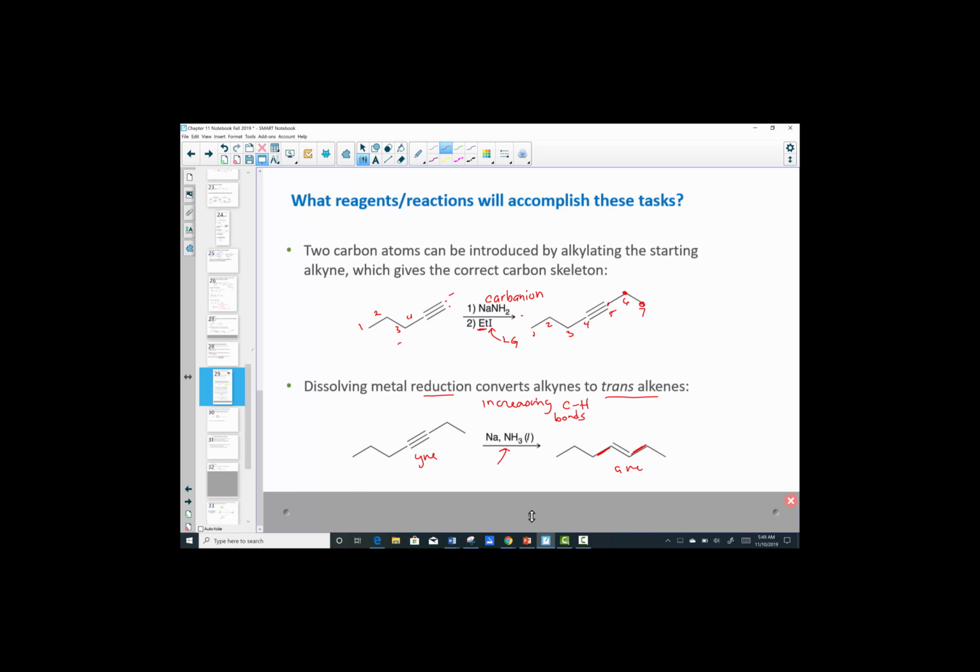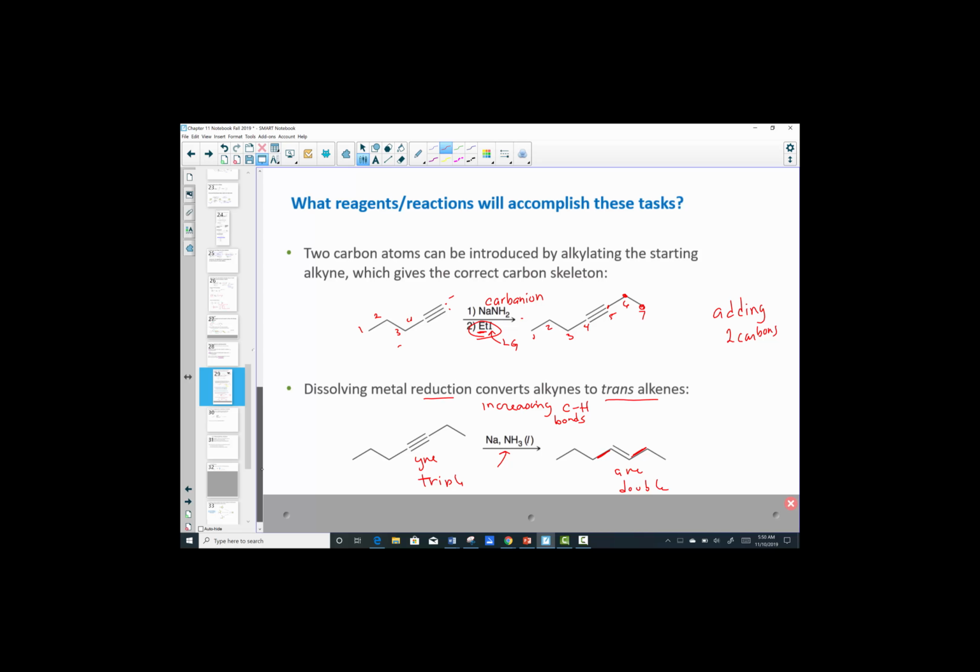So we accomplished 2 things here. We added carbon to the carbon chain by using a terminal alkyne followed by a substrate with 2 carbons and a good leaving group like iodine. In the second step, we changed from a triple bond to the double bond, and to do so, we used elemental sodium and ammonia.